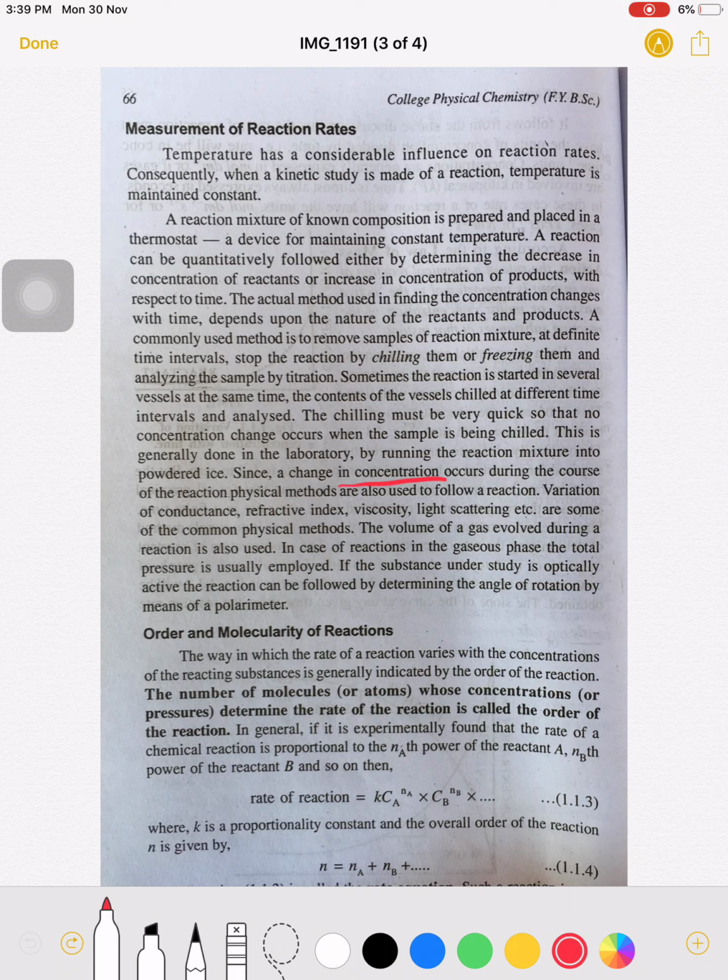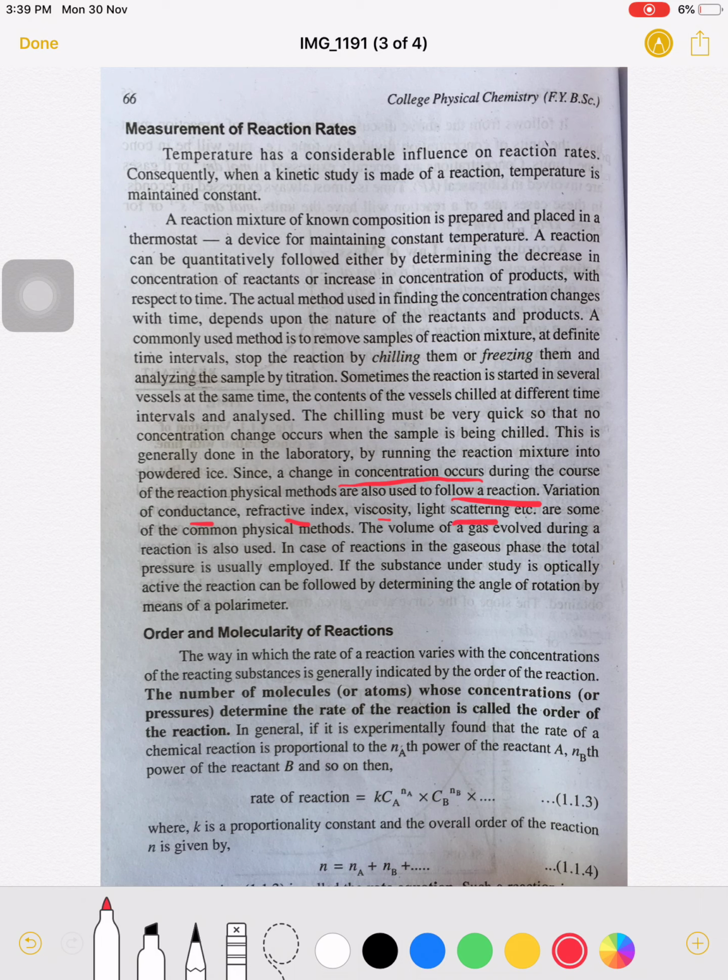Since a change in concentration occurs during the course of reaction, physical methods are also used to follow the reaction. So different methods are also used for determining the rate of reaction. Variation of conductance of a reactant, change in refractive index, or change in viscosity, or light scattering.